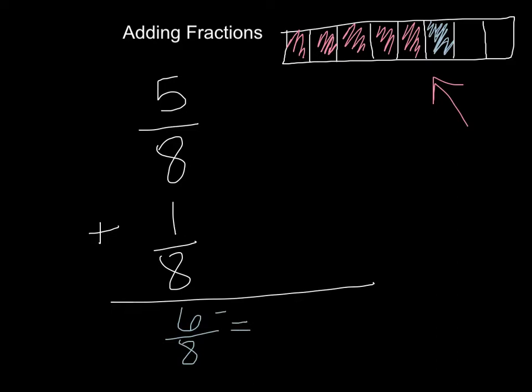And the answer is yeah. In this case, these are both even numbers, so I can divide by 2. And 6 divided by 2 is 3, 8 divided by 2 is 4, and that leaves me with a simplified sum of 3/4. That's about as simple as it's going to get in terms of adding.